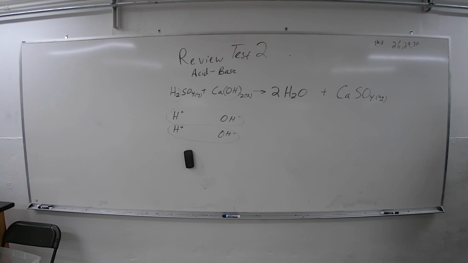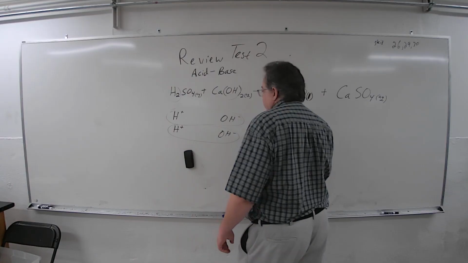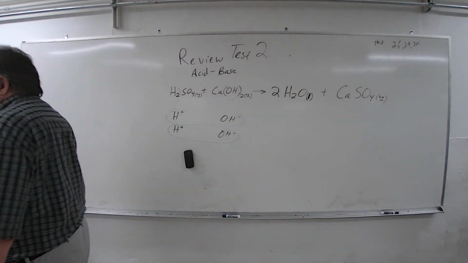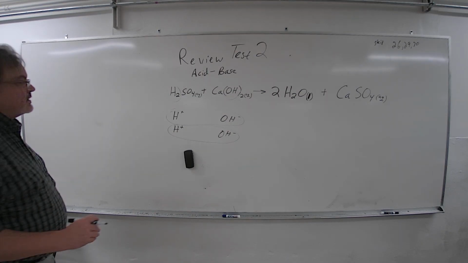I'll count that either way. One of those charts says it's insoluble, the other one says partially soluble. And we just put an L here to say that that's liquid water. And there's your acid base. And it's even balanced.